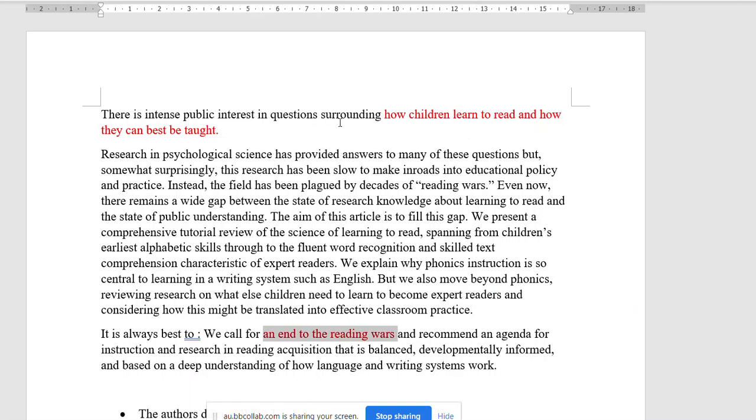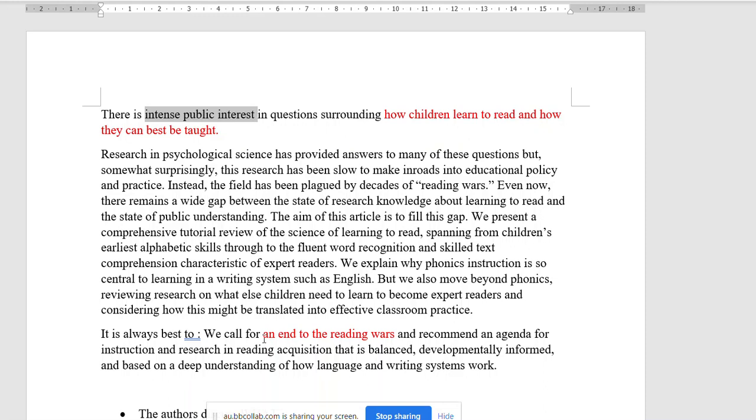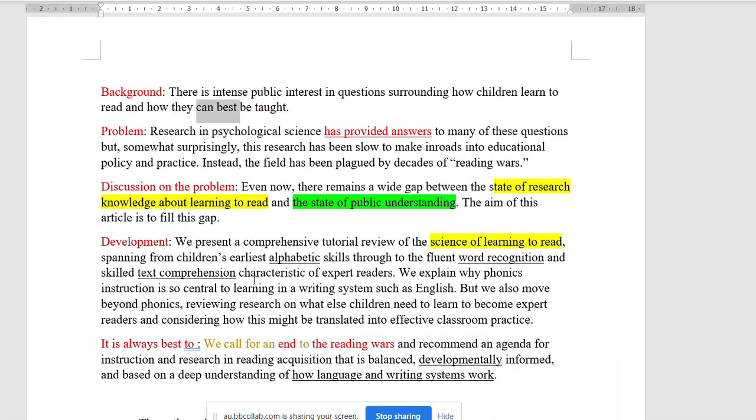So they indicated that there is a disagreement among educators and the public about how to teach reading, and they basically said that this should no longer be the case, because there are enough answers in the literature to overcome it. So I divided this abstract to help myself understand it better.